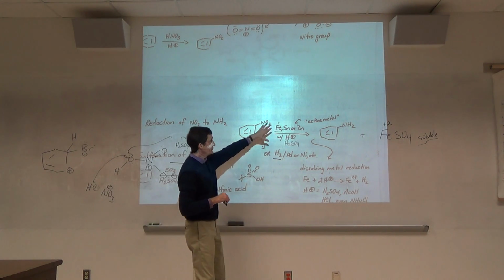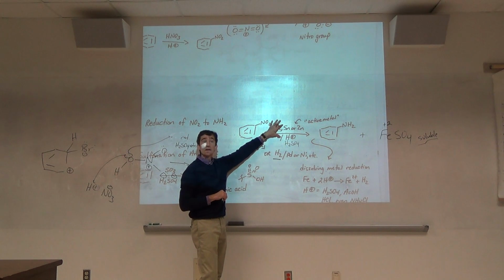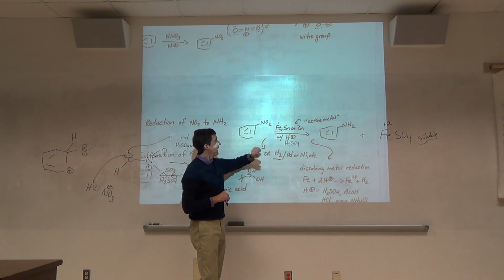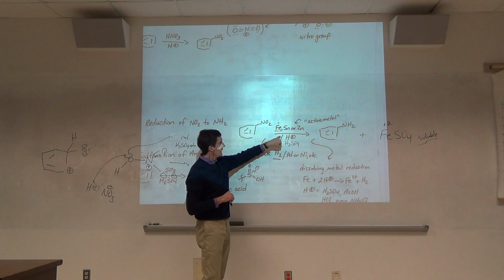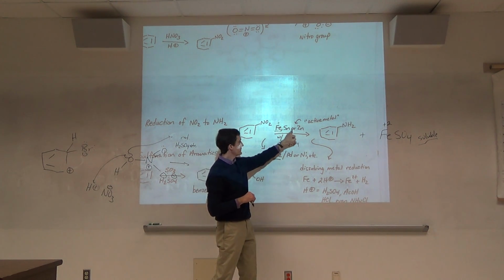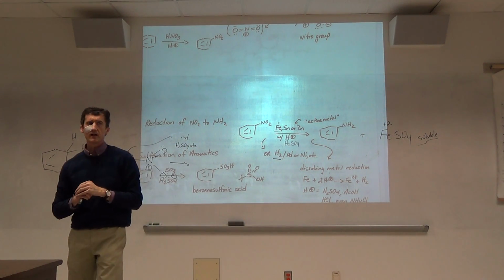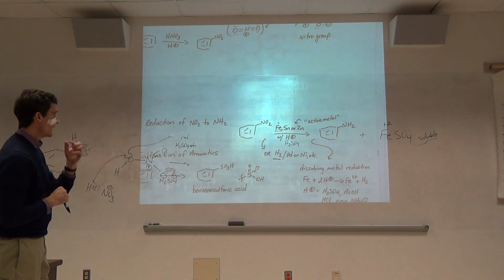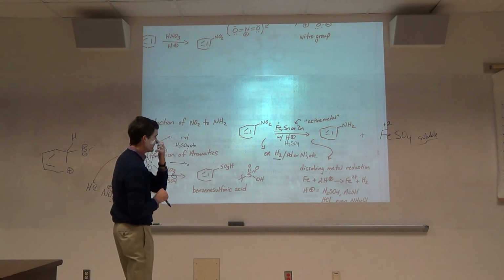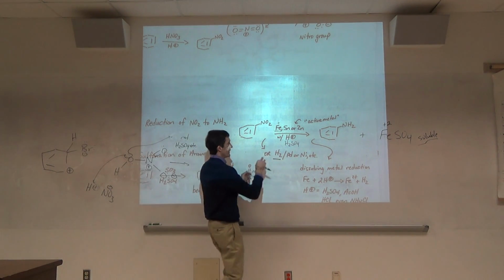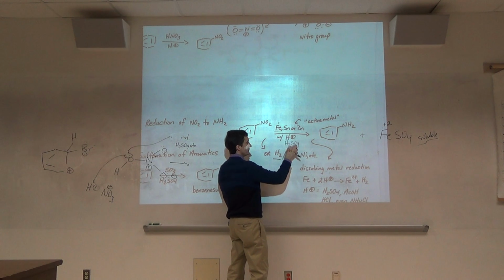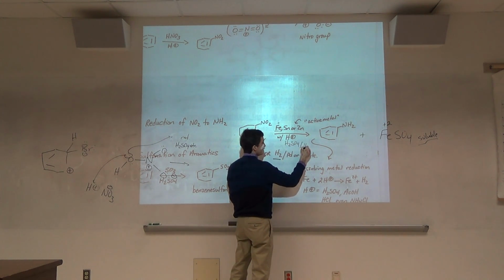In lab, we will do a dissolving metal reduction next week, and you have a choice of using either, can't remember, it's either iron or zinc. At one point I had tin in there, but I took it out. I think right now it's listed as either iron or zinc. Your choice. There's different acids that can be used. HCl.